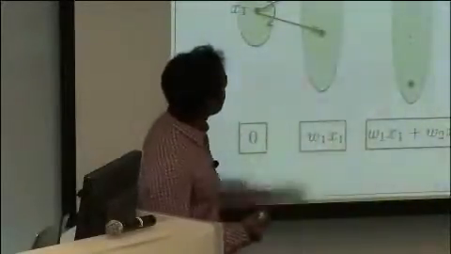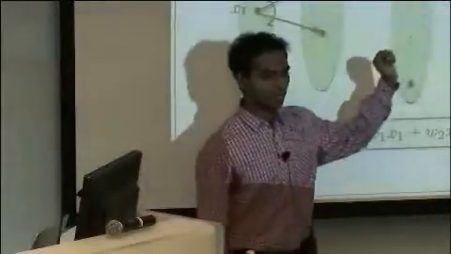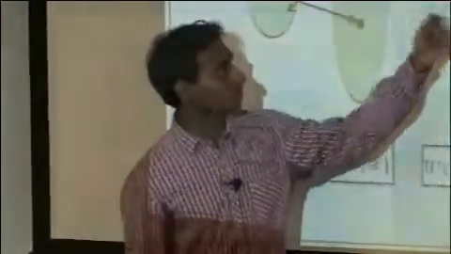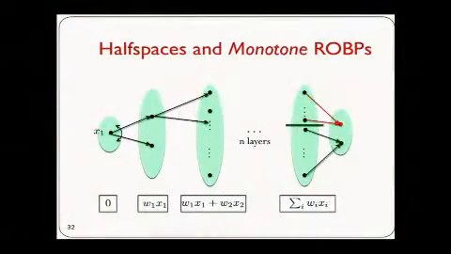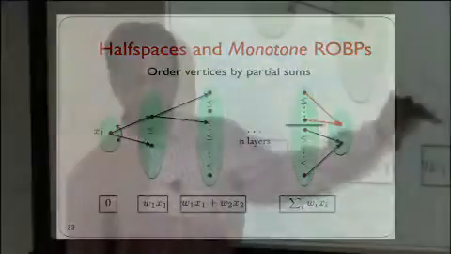Now let's set up some notation. Given a vertex v, let A(v) denote the set of suffix strings which lead to an accepting state when you start from the vertex v. Let's order the vertices in each layer by the partial sums that they correspond to.